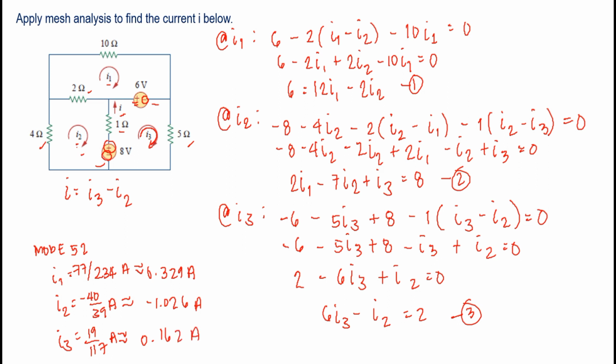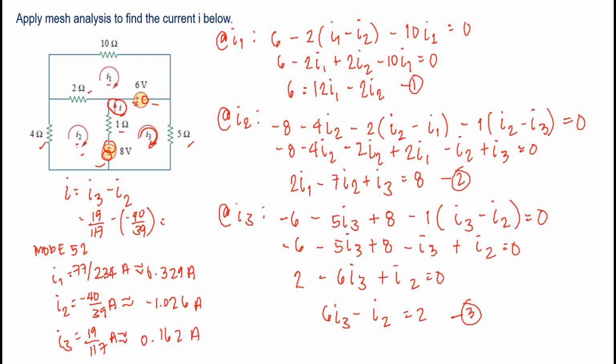And since we're looking for the current I here, this one, so I3 minus I2, so that is 19 over 117. Let's use the fraction so that it is more accurate. So negative 40 over 39.